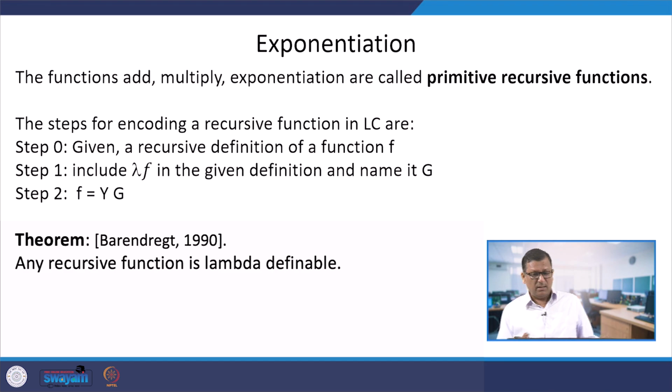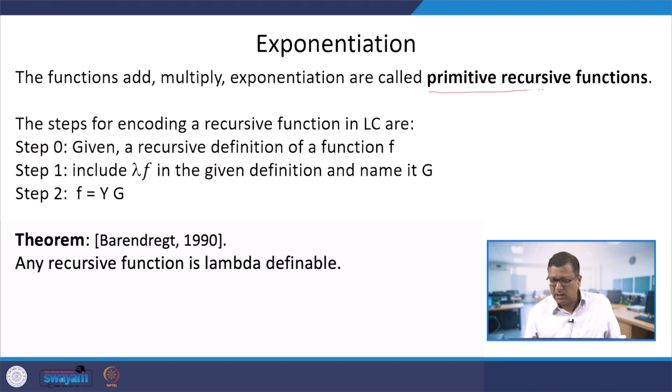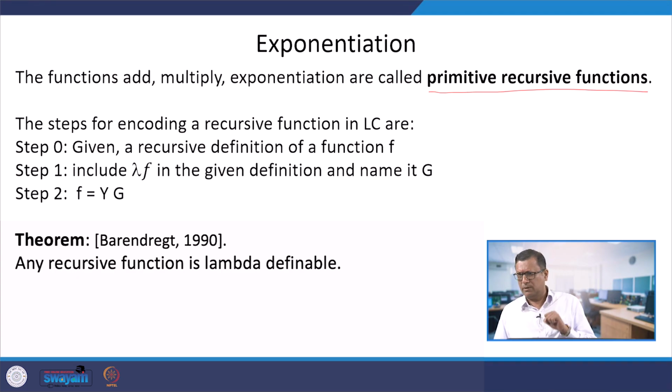So these functions, addition, multiplication, exponent, are called primitive recursive functions. Informally, primitive recursive functions are built up from some elementary given operations. For example, the successor function is an elementary function, predecessor is an elementary function, identity and the zero function are elementary functions. The operations we can do are, say, composition of functions, and recursion from n plus 1 to n.